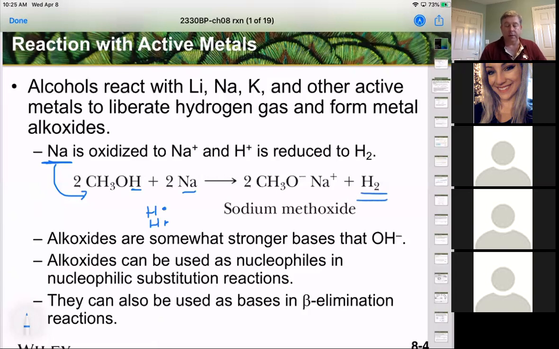So 2 electrons have been transferred from a sodium to a hydrogen, to give us hydrogen gas plus 2 equivalents of sodium, and it gives us our salt. The actual alcohol only participates in the fact that the hydrogen on it is reduced down. The alkoxide formed is what we can now use as a nucleophile, or use as a base.